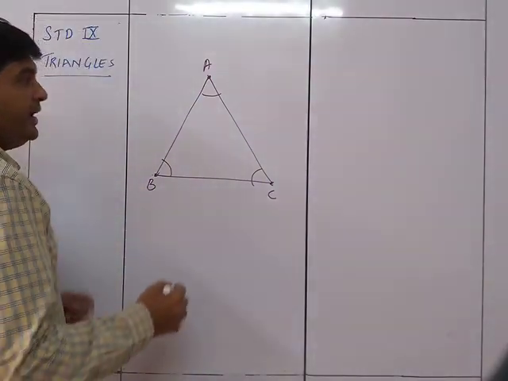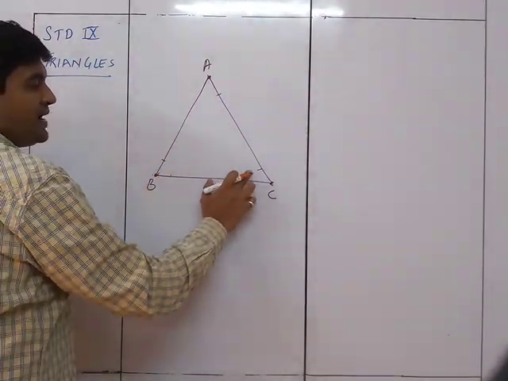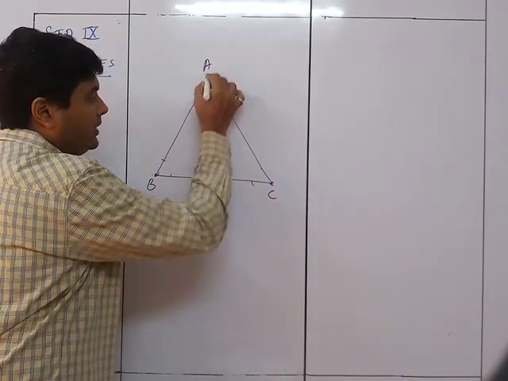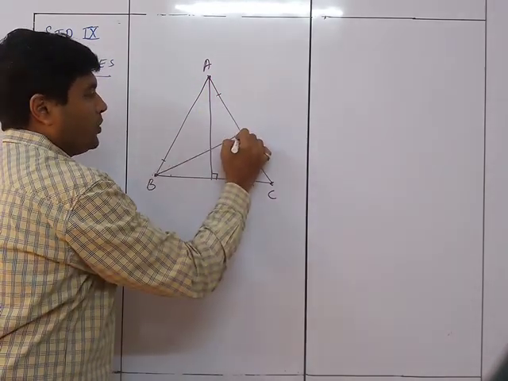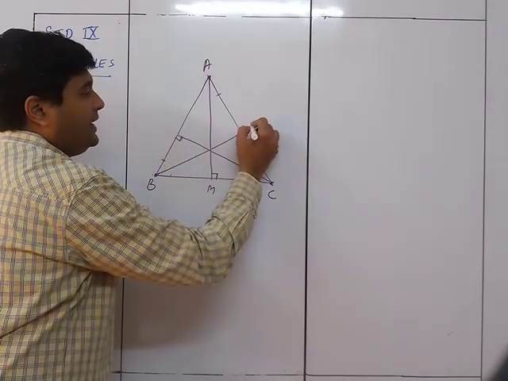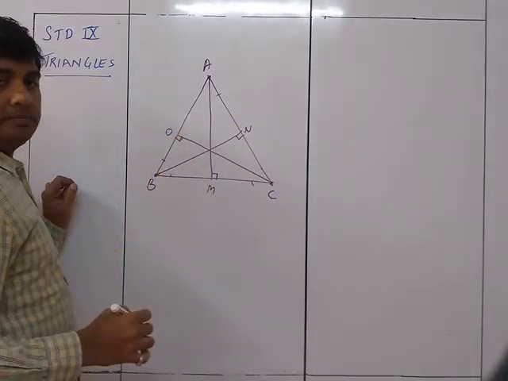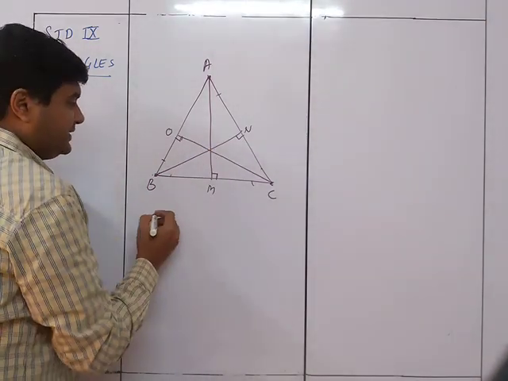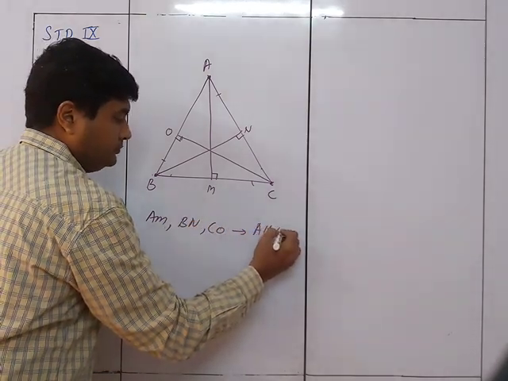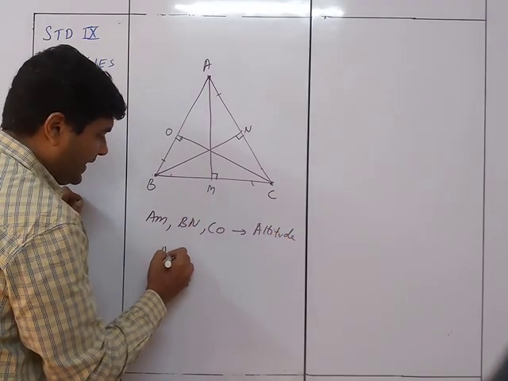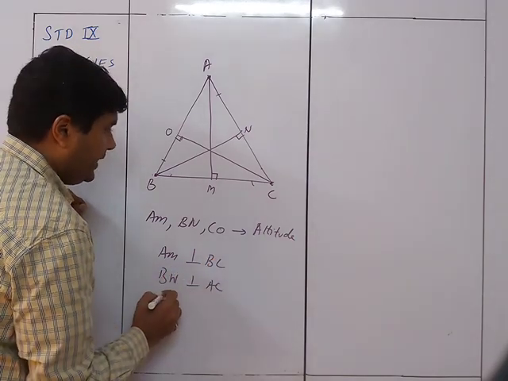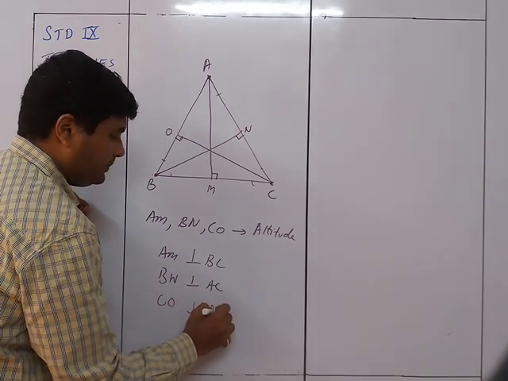Now if I take this triangle and draw a perpendicular from here to this point, or from here to this point, or from here to this point, then these, that is A, M, B, N and C, O, are called altitudes, because here AM is perpendicular to BC, BN is perpendicular to AC and CO is perpendicular to AB.